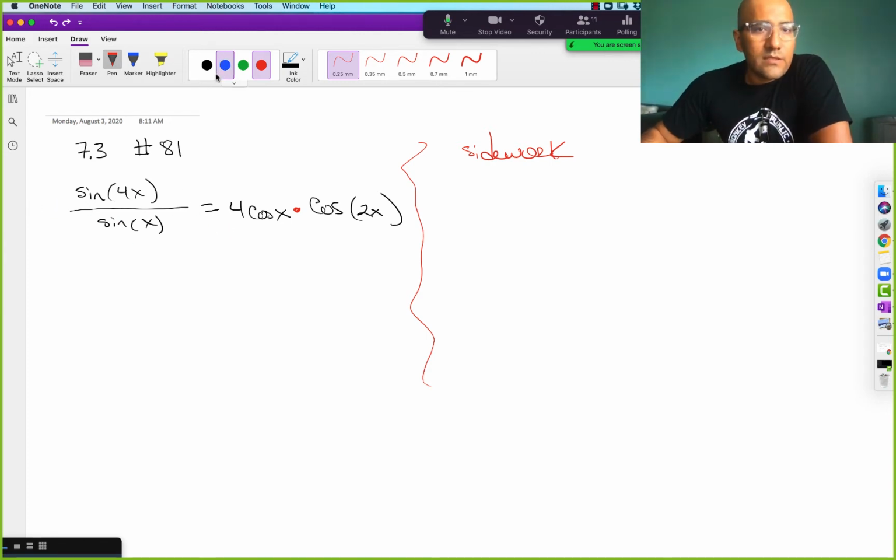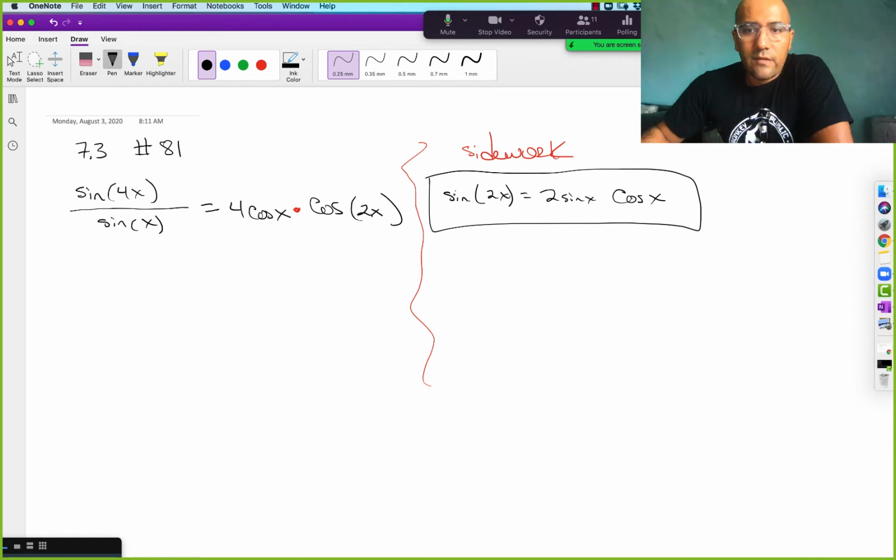Okay, so I'm going to start with this thing over here, and I'm going to use this. Sine 2x is equal to 2 sine x cosine x, right? That's one of our identities, a double angle identity. So I'll use that. And in my case, I have 4x instead, so I have sine 4x.